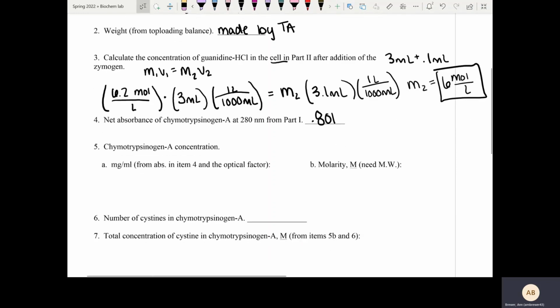Question 5, so we're going to determine the chymotrypsinogen A concentration. And it wants us to determine it in milligrams per milliliter. And we determine this from the absorbance in item 4 and the optical factor. So for this, we're going to use the equation absorbance at 280 is equal to 2 times the concentration.